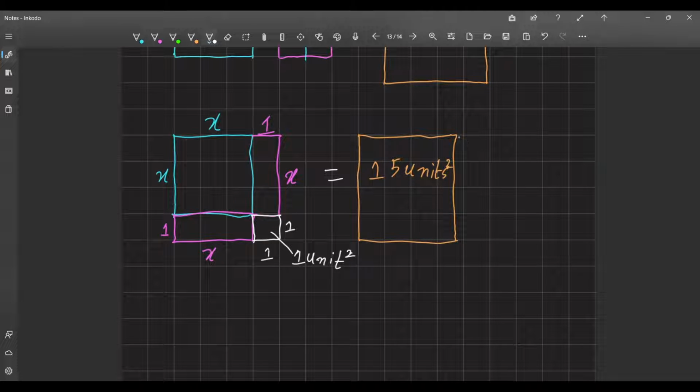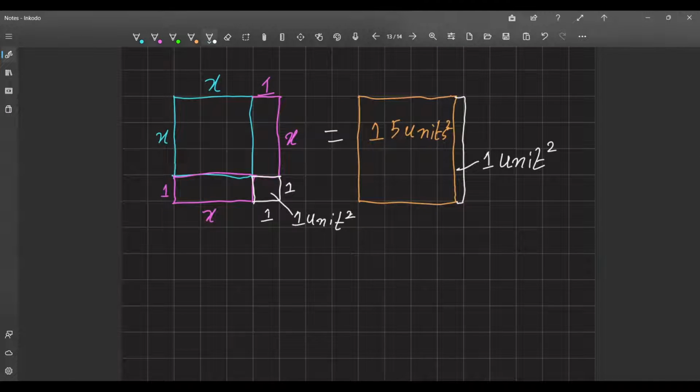I'll also have to add that same area to the right hand side, since that is how we solve equations. If I add something on the left hand side, I have to add the same on the right hand side. So this would be 1 unit square.